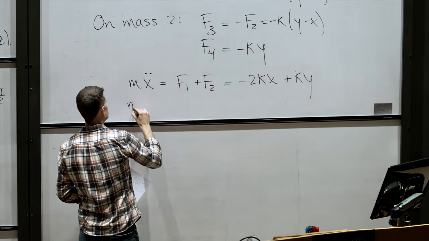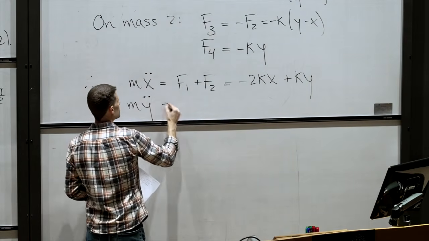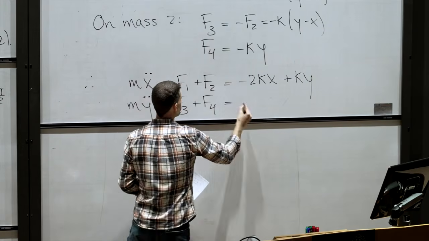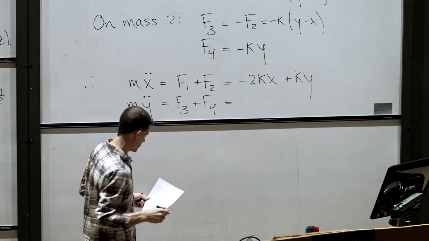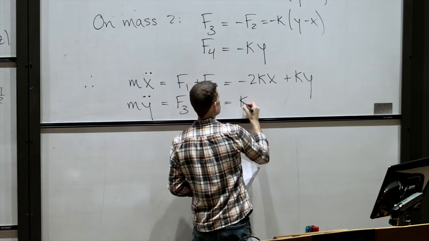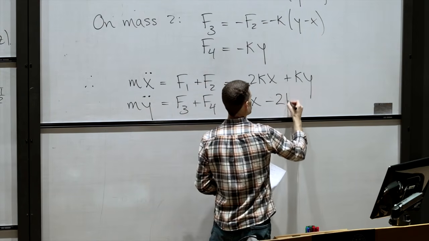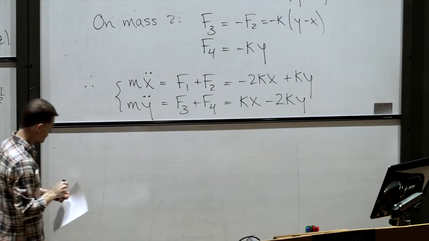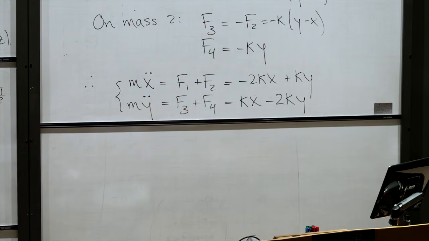And m y double dot is F3 plus F4, and if you combine those two terms, you get kx minus 2ky.